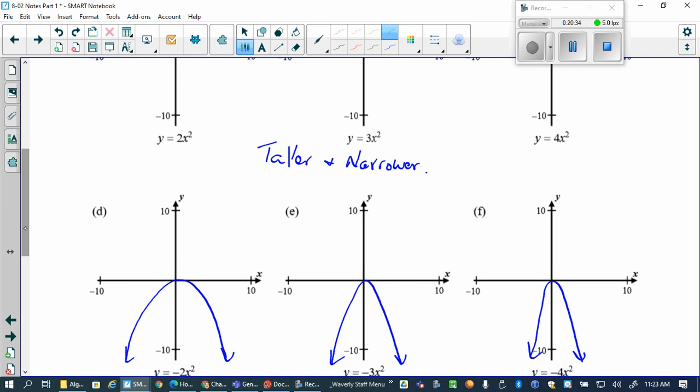So multiplying by 3 and 4 and 5 makes it climb a lot faster and skinnier, right? What would multiplying it by 1/2 do? It'd get wider, wouldn't it? Because you take all the values for x squared and divide them by 2, so it's going to climb a lot more slowly. Okay? But we'll get to those later.